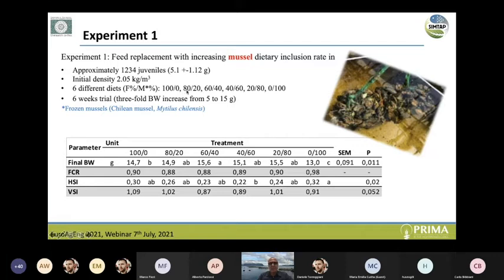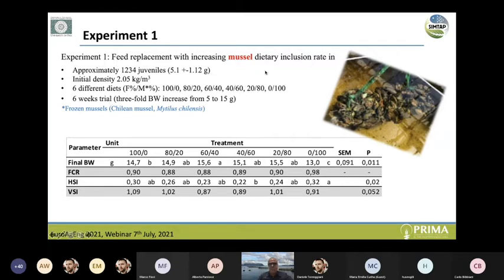In the second group we supplied 80% of the daily ration as feed and 20% mussel, on dry matter basis, of course, then 60% feed, 40% mussel, and so on, up to no feed and only mussel. This trial lasted 6 weeks.